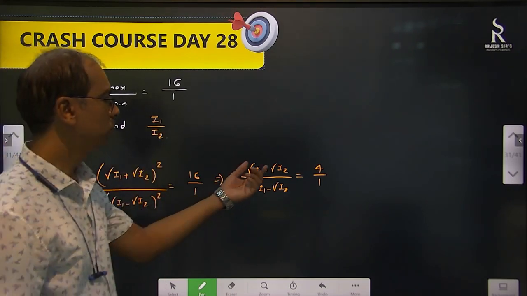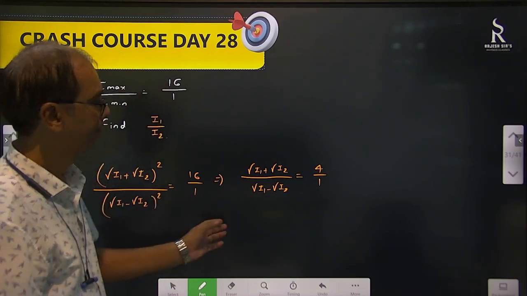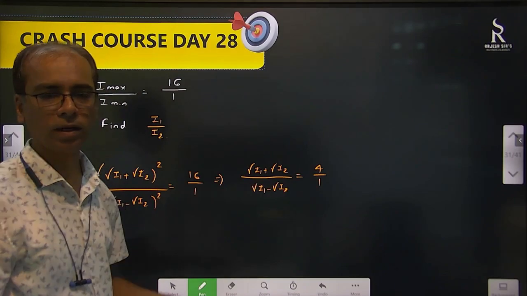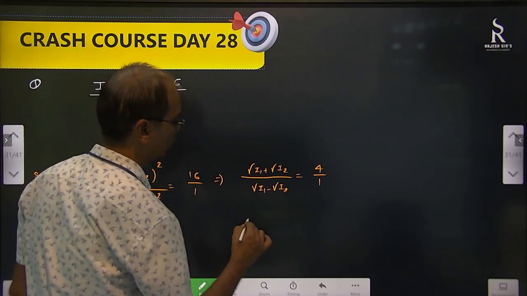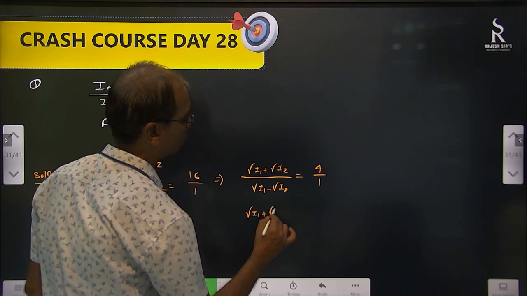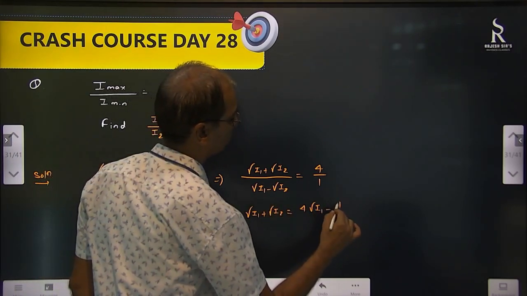Root I1 plus root I2 equals 4 root I1 minus 4 root I2.